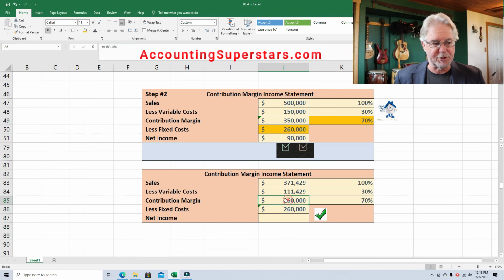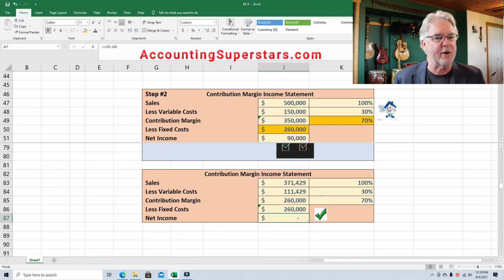All right, so contribution margin minus fixed costs is net income, which is going to be zero. So when you have a zero net income, that means you're breaking even. You don't have a loss, you don't have a profit. So with this little contribution margin income statement, we've proven that we got the right answer. It's always a good idea to double check things.